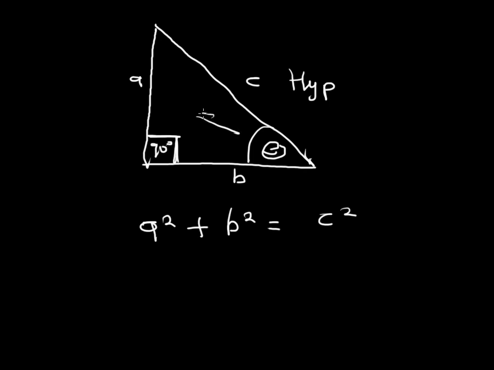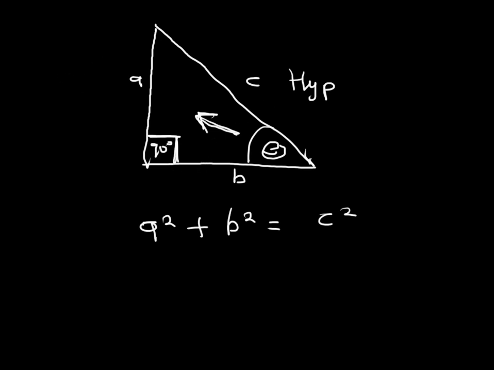Now, the opposite side of the triangle is the side directly opposite to the angle. Okay, a little bit of tautology there, but it kind of makes sense, right? So the opposite side is the side opposite to the angle provided. And of course, the adjacent is the third side, right?